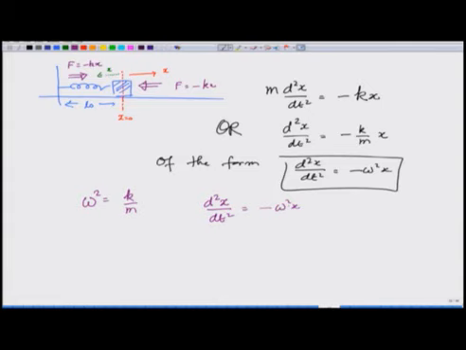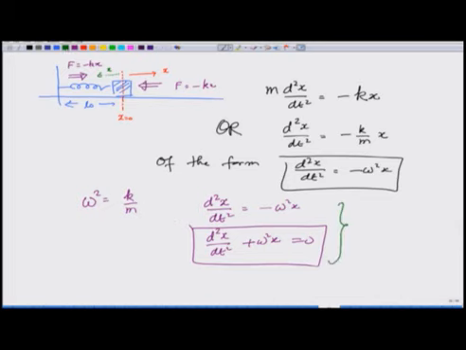It is also written as d2x by dt square plus omega square x is equal to 0, and we immediately know from this that the solution x t is going to be a cosine of omega t plus some other constant b sine of omega t.